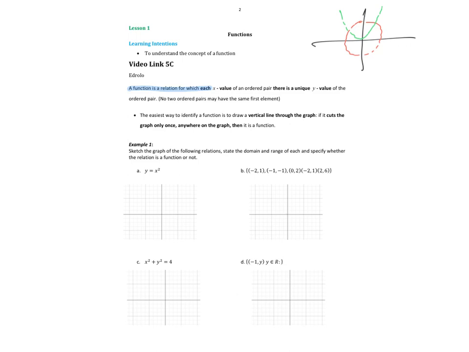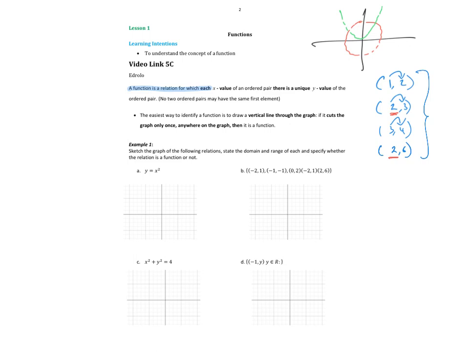So in other words, if I've got a set of points 1, 2, 2, 3, 3, 4, etc., that would map a function, because each x value maps onto a different y value. If I add a second point, say 2, 6, all of a sudden that's not a function, because the same x value is there. So they've got to be different x values mapping onto different points. Graphically, it's much easier to see, and we might have a look at that.